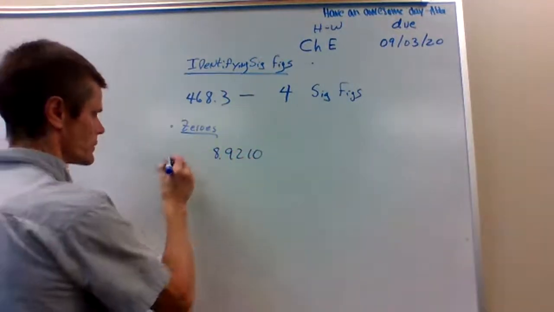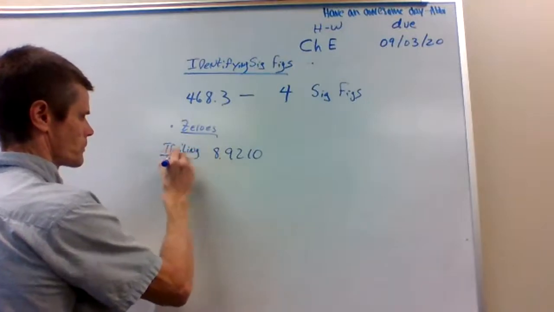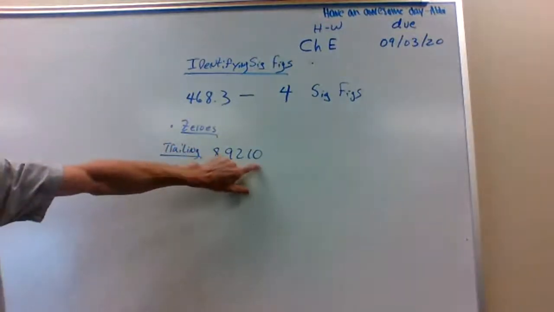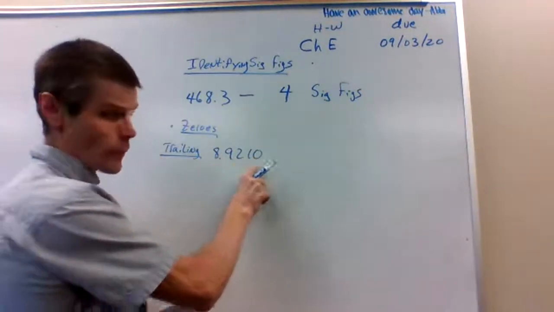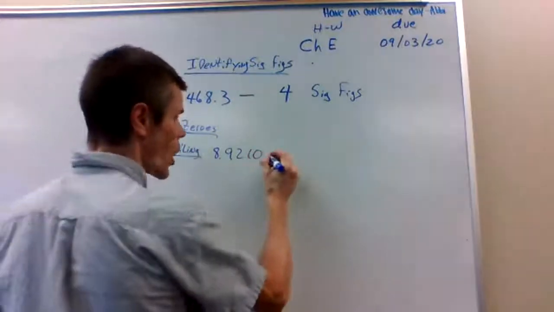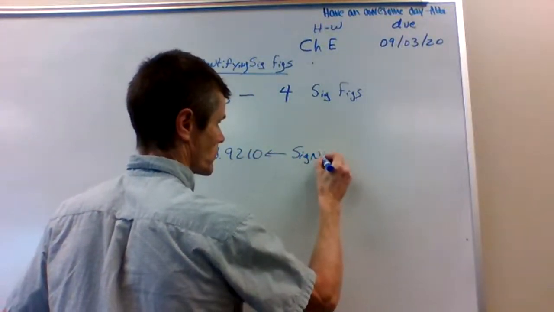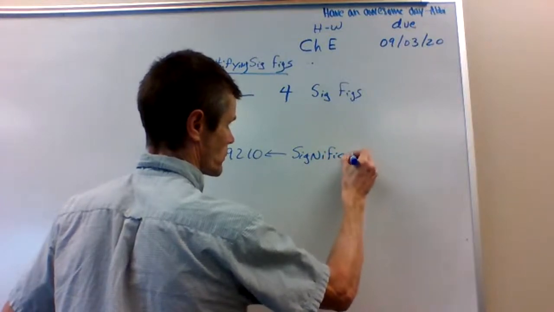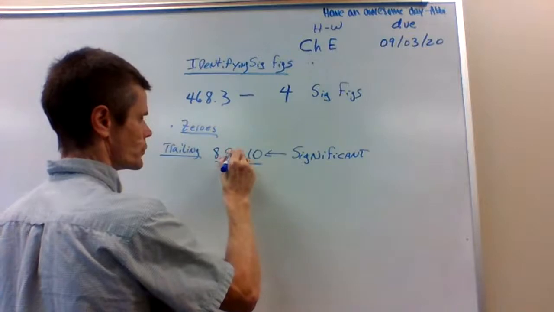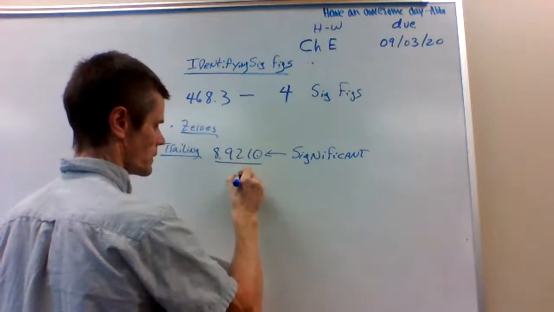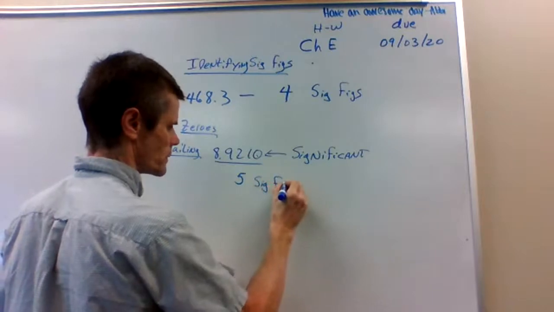Zeros that fall at the end of a number after a decimal on the right side, these are significant. This number, 1, 2, 3, 4, 5, has 5 sig-figs.